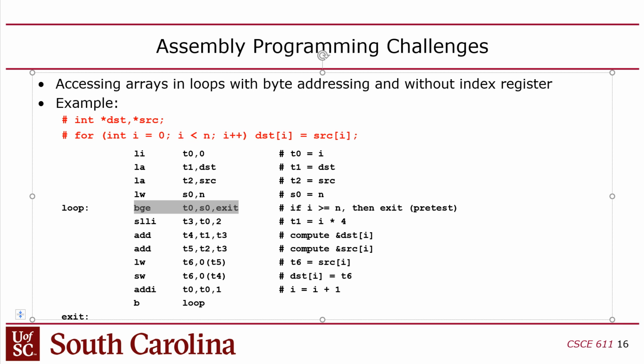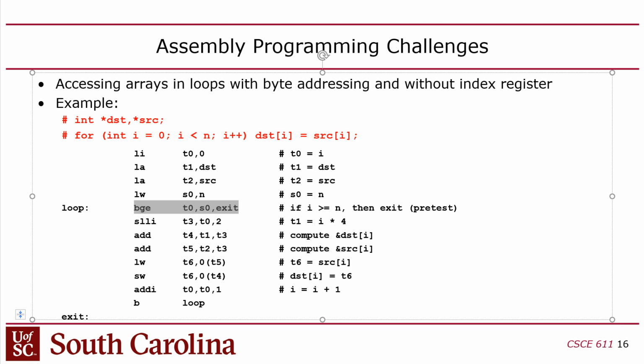The loop said to use less than, but I use greater than or equal because it is logically opposite to less than, since the high-level code is listing a continuance condition, but the assembly code is giving an abort condition. You could write the assembly code with the same logical expression for the continuance expression, but it would cost additional complexity and additional instructions. So this is the way I simplified it. I basically said, if the continuance condition, which is I less than n, is false, then bail out, jump to exit.